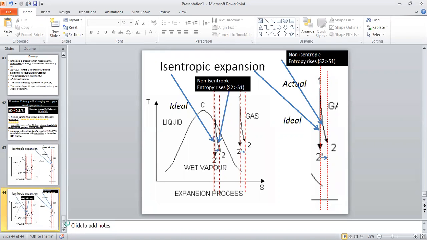The second law is quite important. Second law of thermodynamics is about the Clausius statement and Kelvin-Planck statement. No other thing. So this is quite practical.